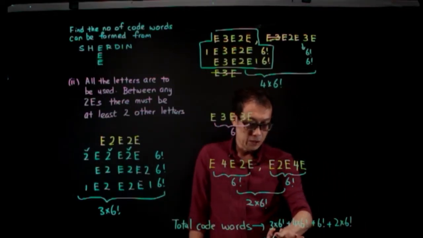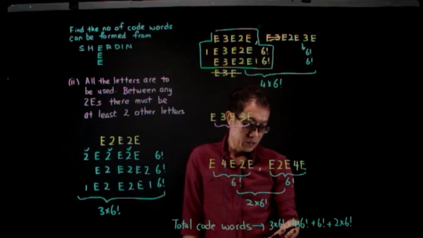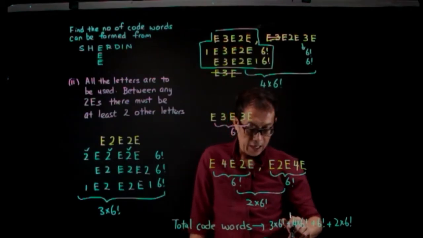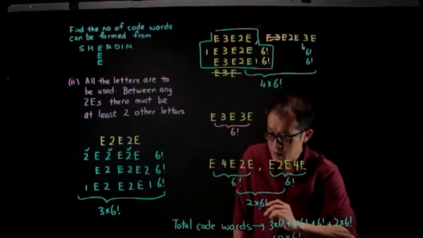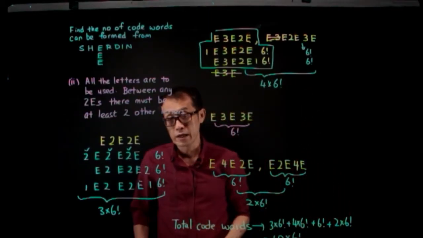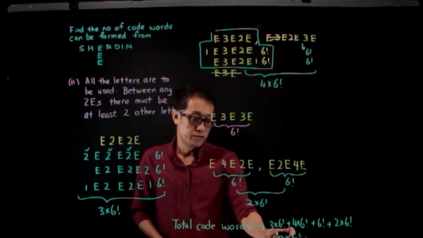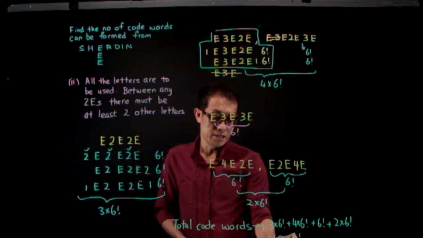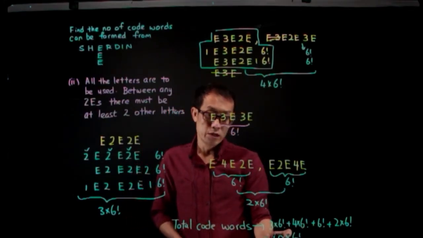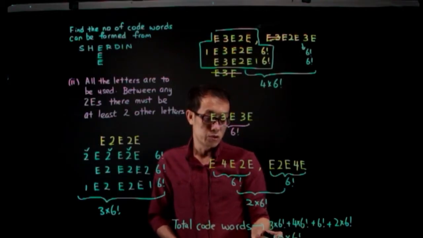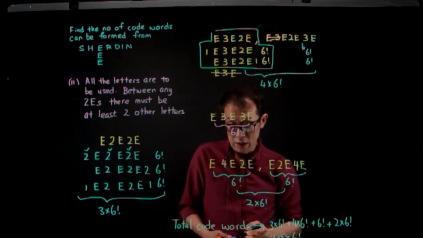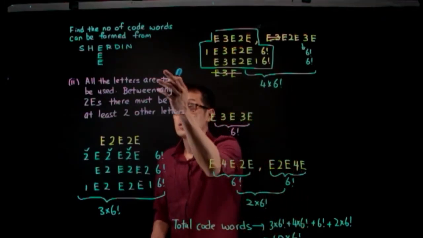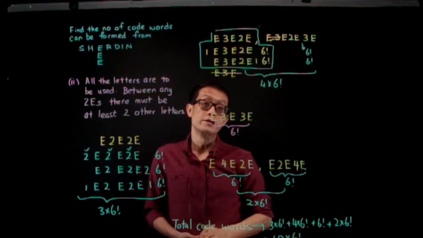That will give you a total of 3 plus 4 is 7, 7, 8, 10 times 6 factorial. Okay, you can press the calculator for this answer. 6 factorial is 720, so times 10, it's a total of 7,200 code words you can form if you follow this criteria.